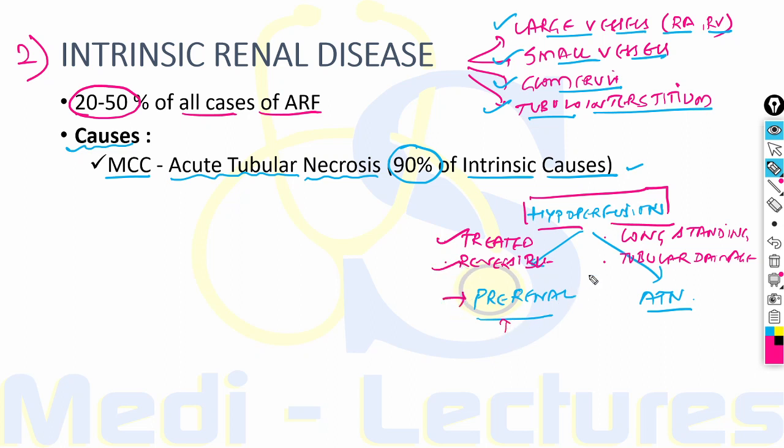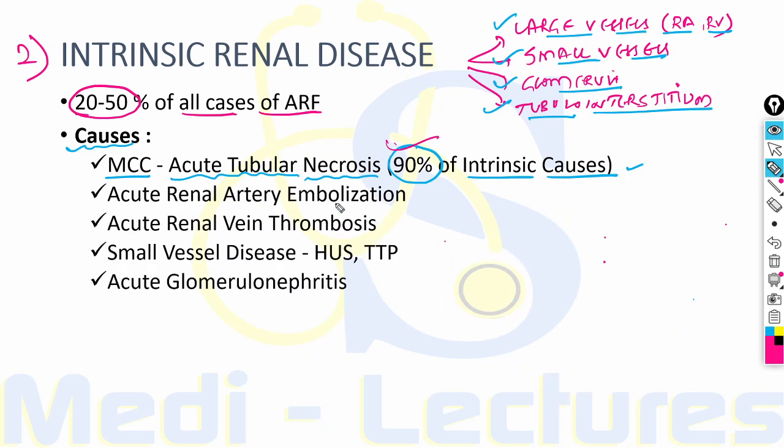But if this hypoperfusion is long-standing and not treated on time, this will lead to tubular damage, that is structural damage, and this will be known as acute tubular necrosis, which is the most common cause among the intrinsic causes. Pre-renal azotemia and acute tubular necrosis can be distinguished by urine analysis and the urine electrolyte composition, based on the urine studies, which we will discuss in this lecture.